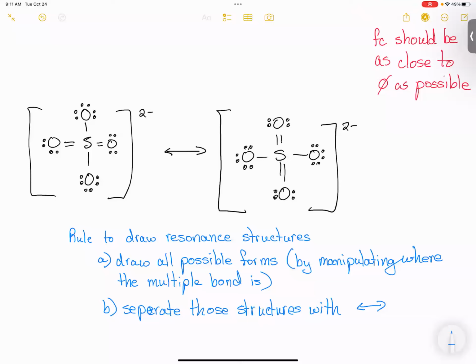We'll talk about the hybridization on the central atom. We'll talk about the molecular geometry, bonding angles, and molecule polarity. And we're going to talk about how to describe the bonds as well. So lots and lots of information is coming up on Thursday.